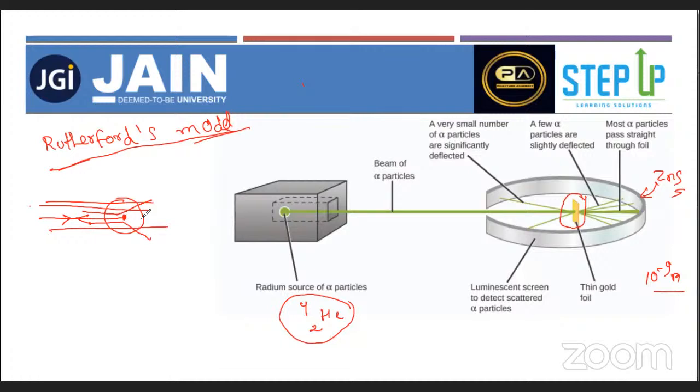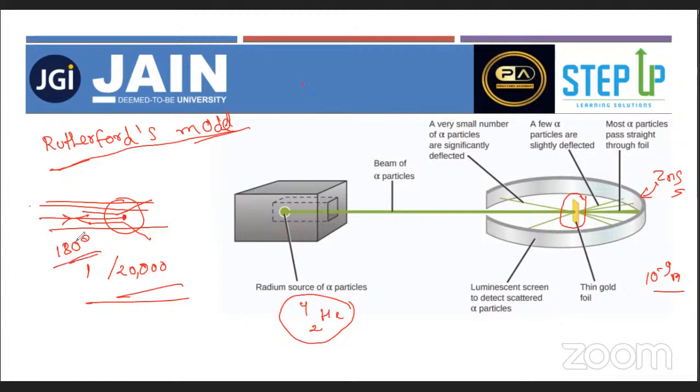After doing this experiment, he gave a few conclusions. He said that almost 1 out of 20,000 alpha particles was reflected back at an angle of 180 degrees.